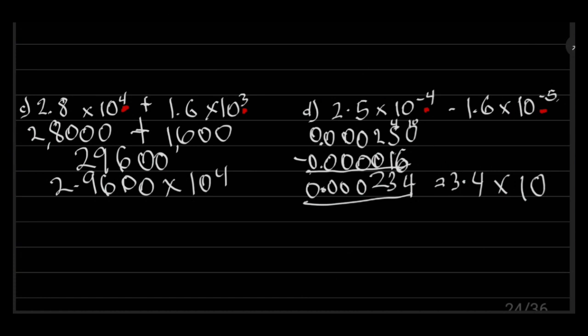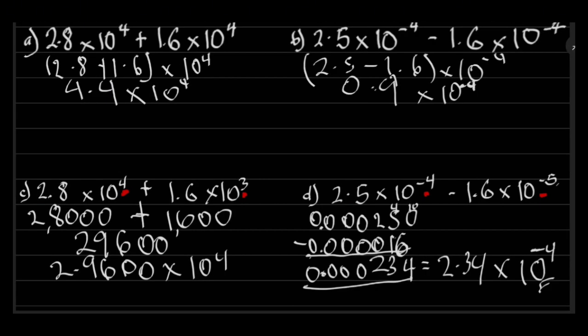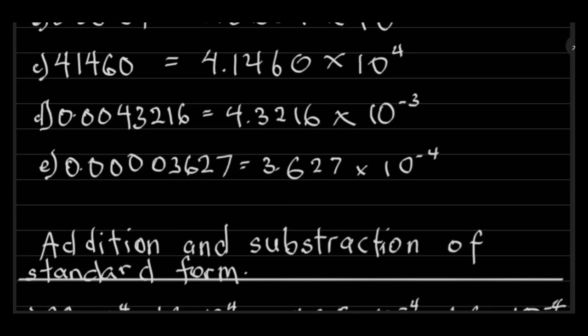So this was supposed to be 2.34 raised to the power 4, since we are clearing 1, 2, 3, 4 zeros. So that is supposed to be our answer, and then the 4 is supposed to be negative. Never forget to put that there. So basically that is how we go about addition and subtraction of standard form.